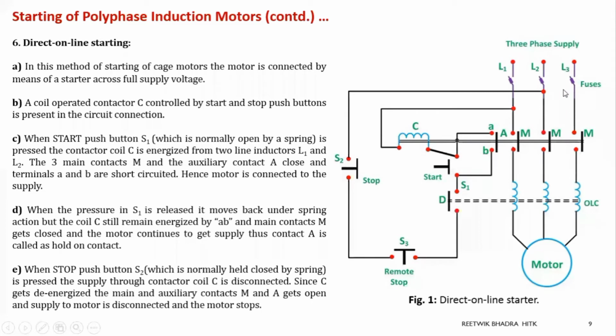If it is 10 ampere, the fuse material will get burned out, so the supply gets disconnected. So every protection is given here. If the circuit on the left hand side fails, the fuse will operate and disconnect the supply from the motor. We'll go into detail in a minute.